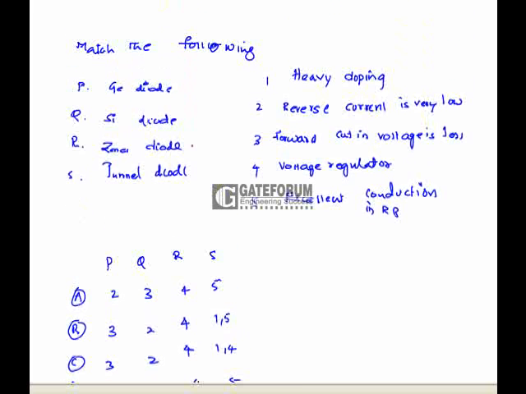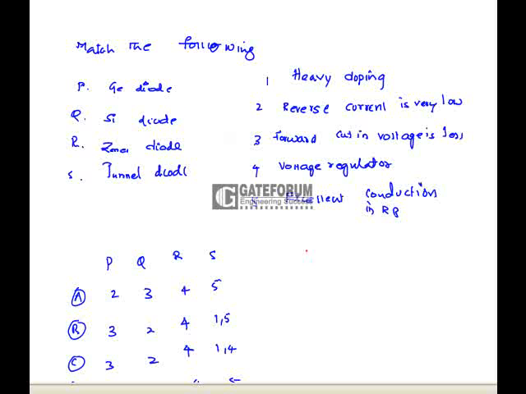Here the question is match the following. Given P, Q, R, S as germanium, silicon, Zener and tunnel diodes, and in the other section we have properties belonging to these diodes. Zener diode acts as a voltage regulator, hence R is 4. Silicon diode has a very low reverse current, so Q is 2.